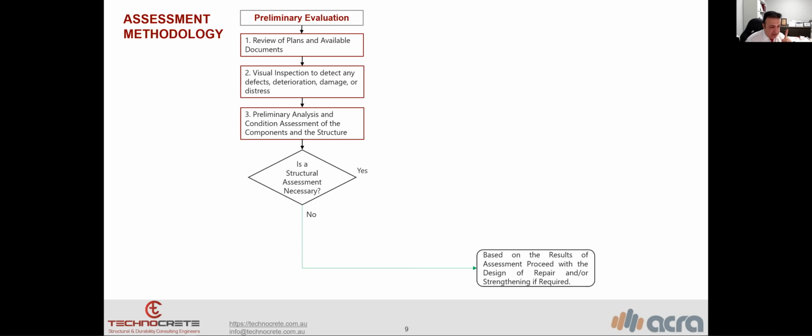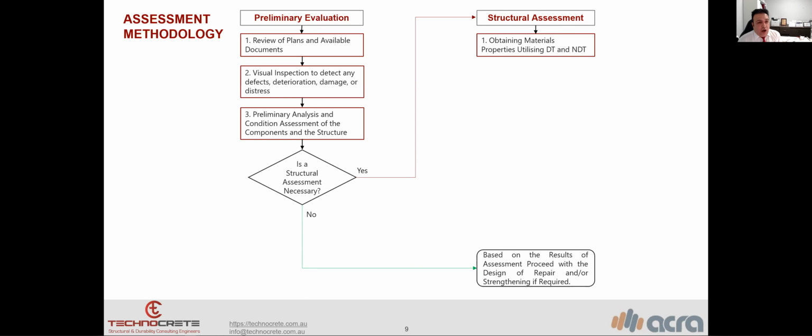But if we need a structural assessment, then we have to obtain the actual current mechanical properties of the material. Although some standards allow us to use some assumptions for the numbers, it gives us only a very rough prediction.